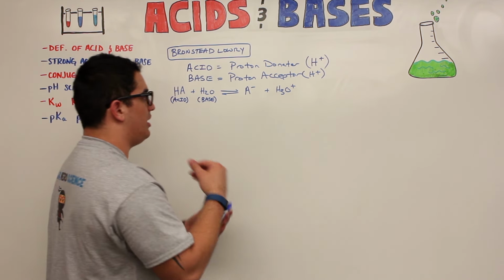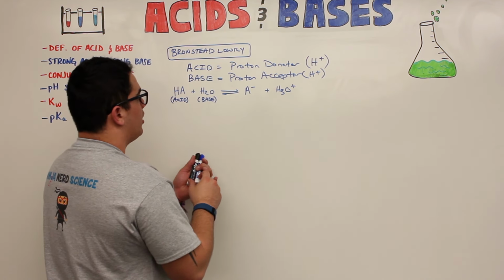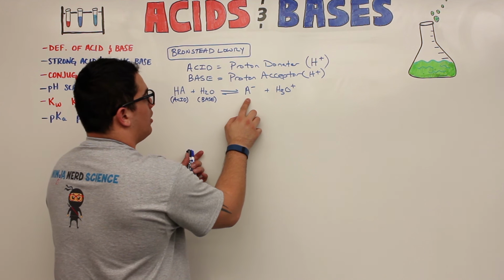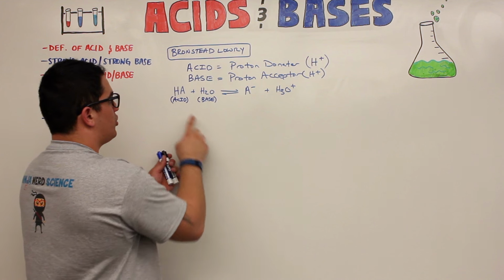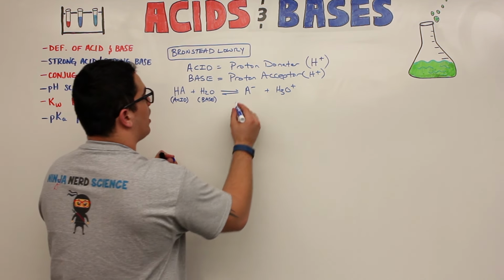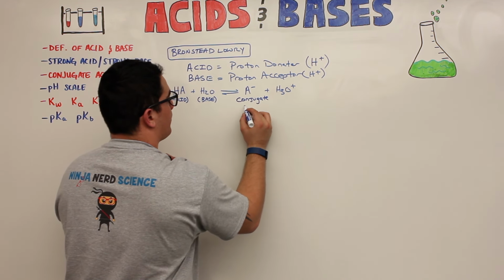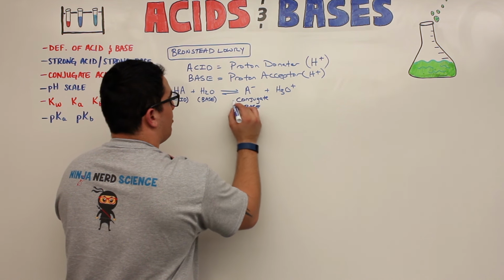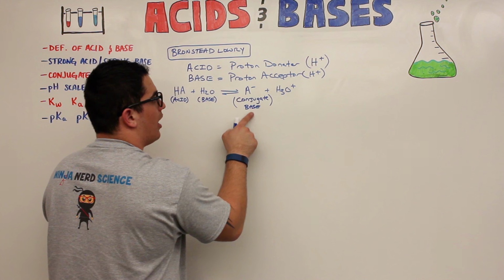That's the way we can see bases: they're negatively charged molecules or atoms. So this is a base, but it's another type of base. It's the conjugate base. So this acid gets converted into A negative, which we call the conjugate base. And why is he the conjugate base? Because the acid gives up a proton and turns into a conjugate base.